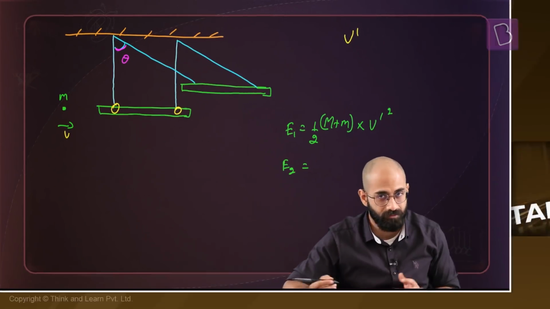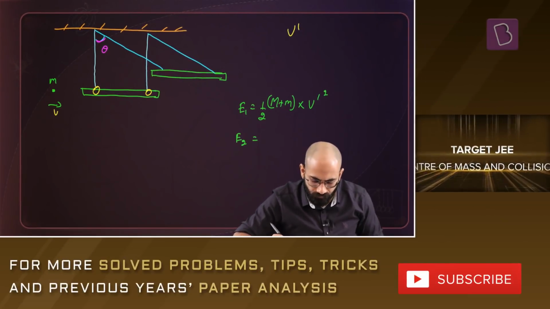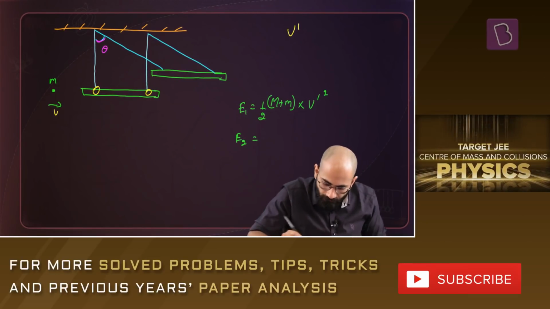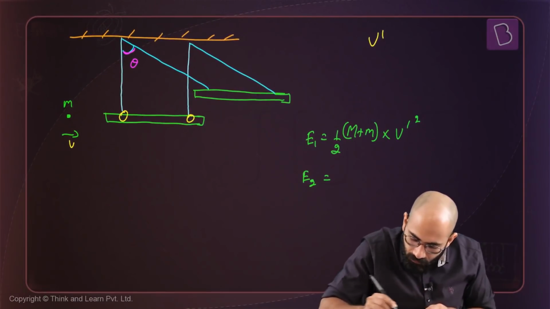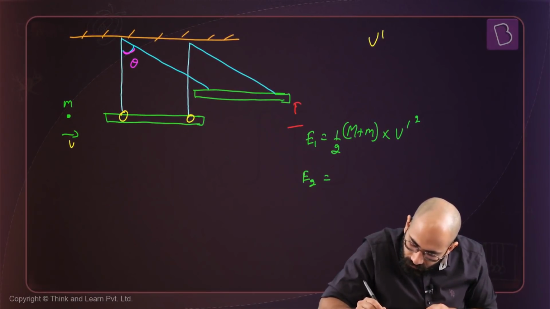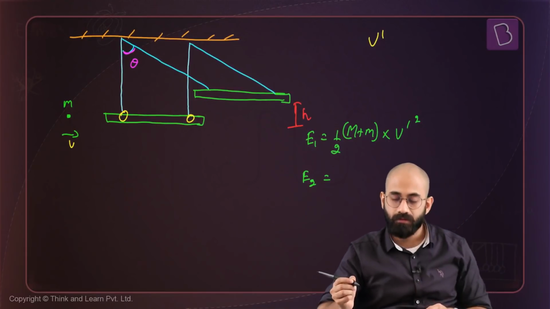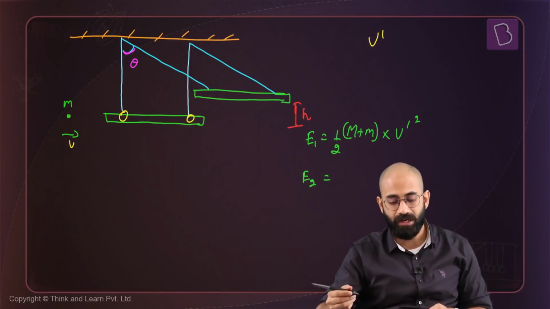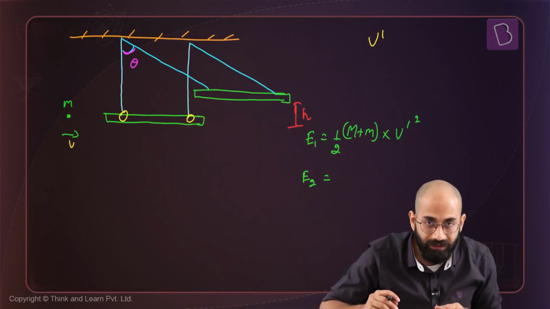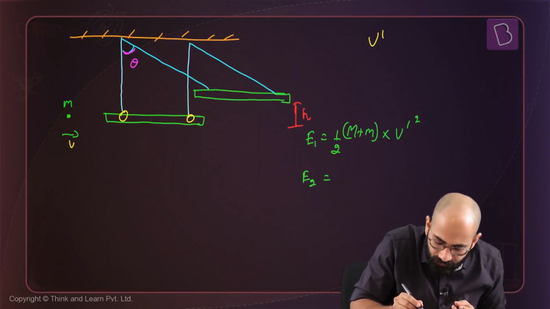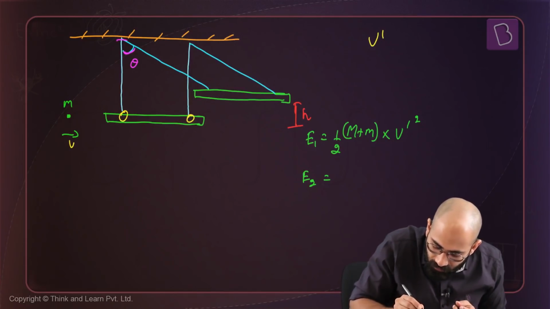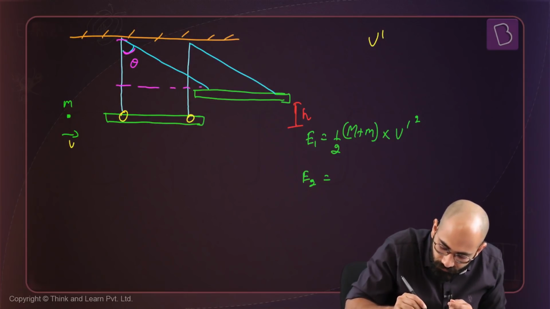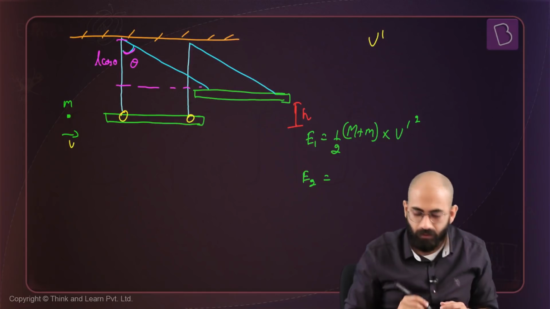So the final potential energy of the system, if we assume this distance is h, will be (M plus m) g h. What is this h equal to? We know that the length of the string is L, and the distance from here to here has to be L cos theta using simple trigonometry.